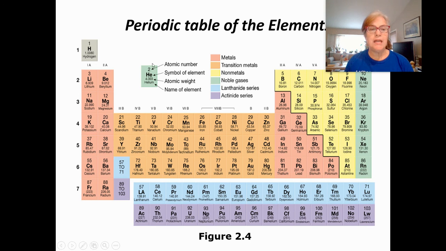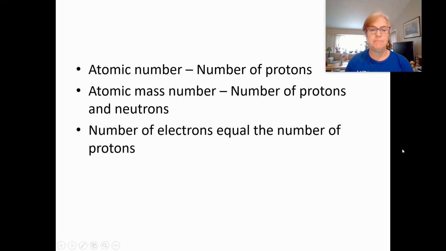So the atomic weight of hydrogen is 1.0080. And we'll be finding out why they aren't nice and even numbers. And then underneath you have the name of the element. The colors help you see what kind of families they belong in. Basically, if they belong in the same family, they share some characteristics with other atoms in that family.